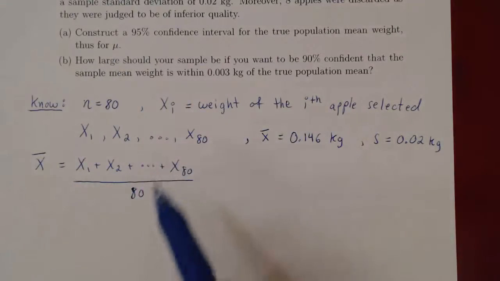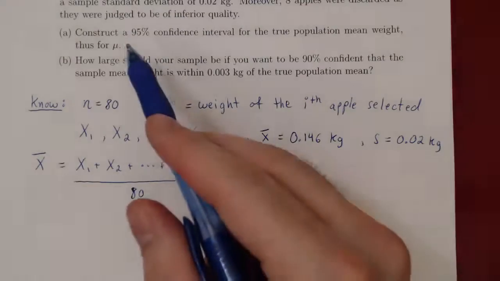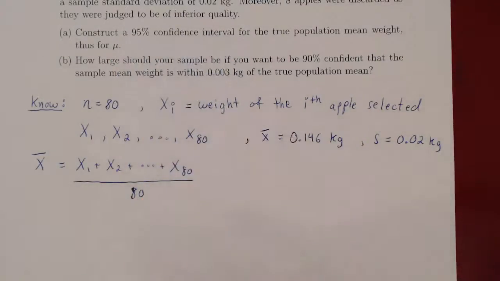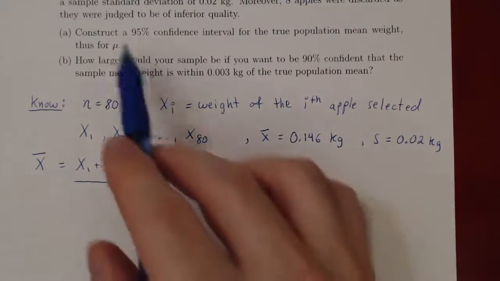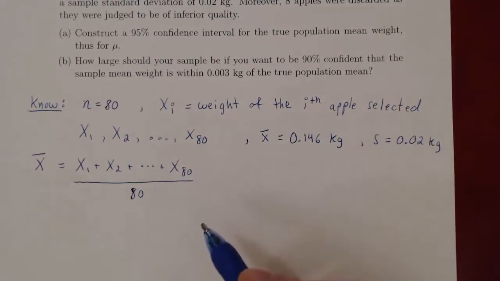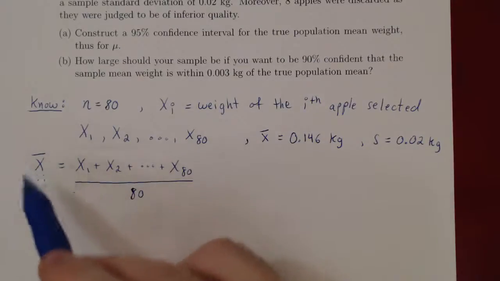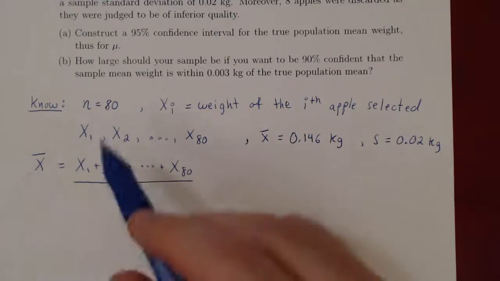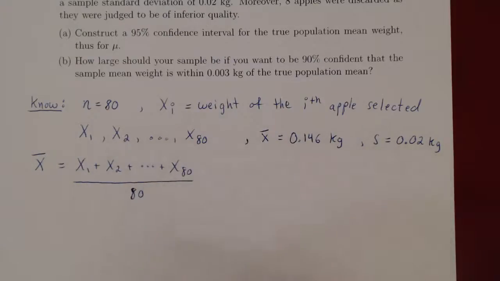Now we want to find an estimate for the true value of the mean in what we call a confidence interval. Before we see how to build a confidence interval, all we need is a distribution for our random variable. We're talking here about the sample mean of our 80 apples, the sample mean weight.